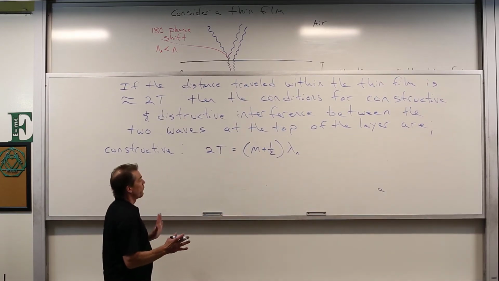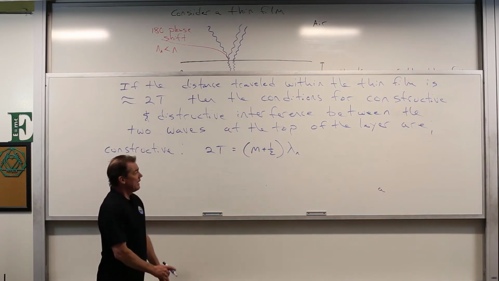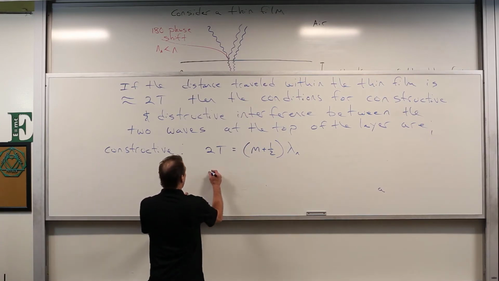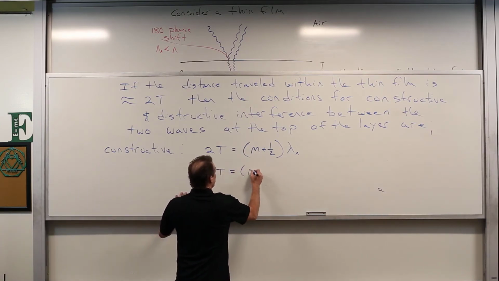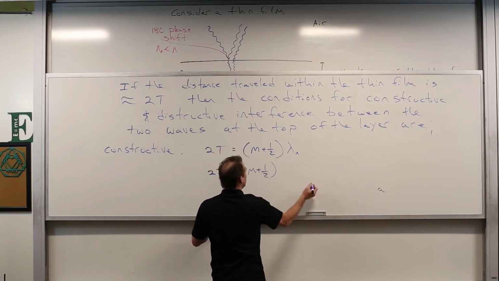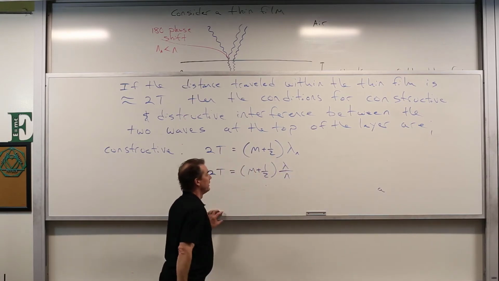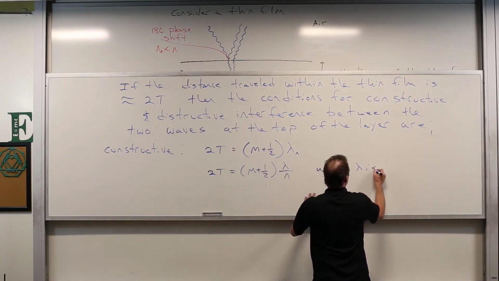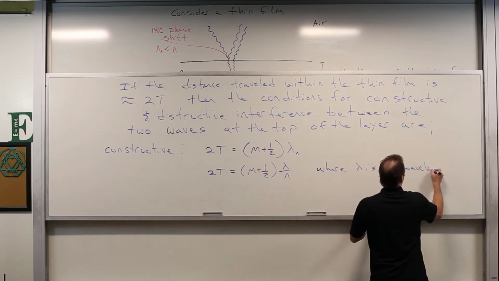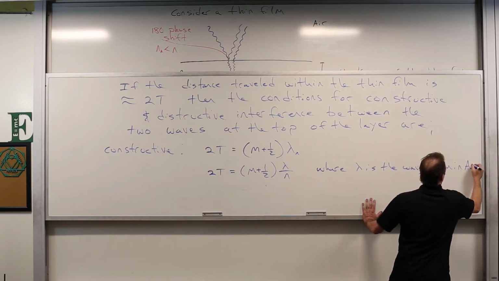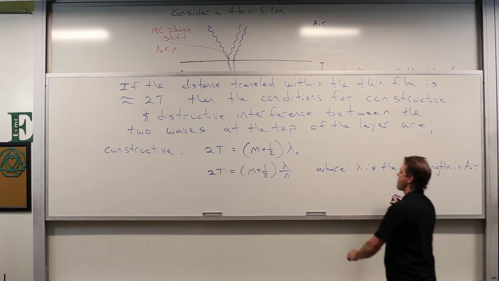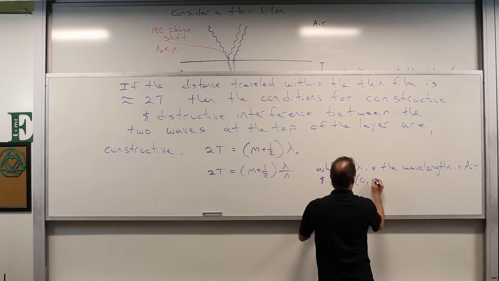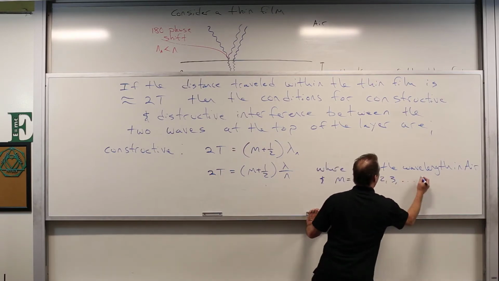So, what can we do with this? Well, we note that lambda sub n is equivalent to lambda divided by n itself. So we can write this as 2t is equal to m plus 1/2 times lambda over n, where lambda is the wavelength of light in air, and m is equal to some integer, 0, 1, 2, 3, and so on.